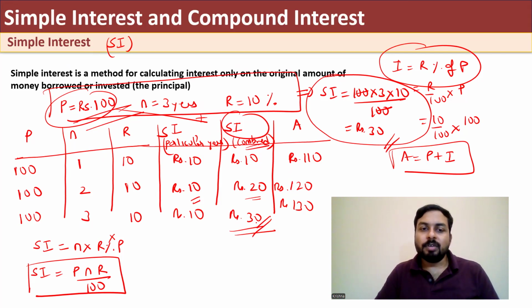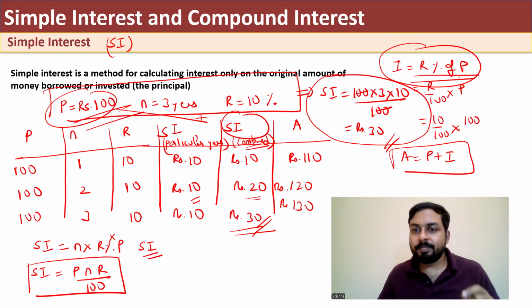Another thing that you need to observe here is that the simple interest, and whenever I say simple interest, it usually means combined interest. We are not talking about a particular year's interest. A particular year's interest is R percent of P. Unless a particular year is specified, you're always talking about the combined simple interest. So if you observe here, is the simple interest not in arithmetic progression?